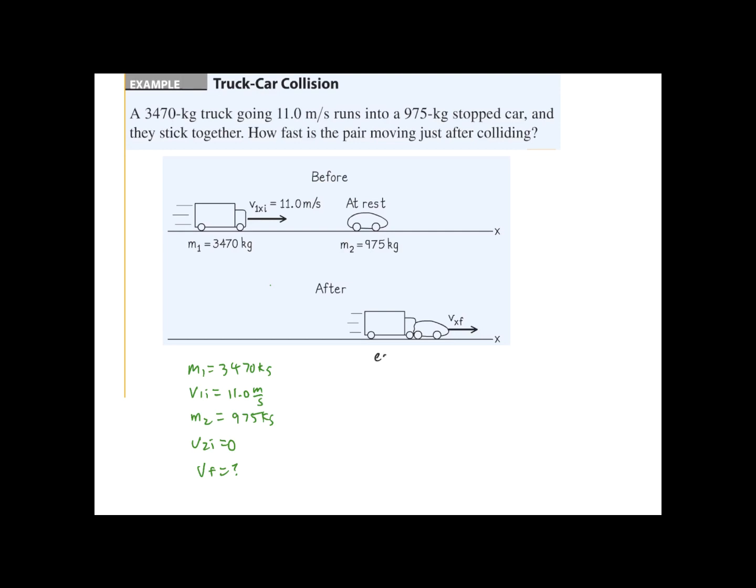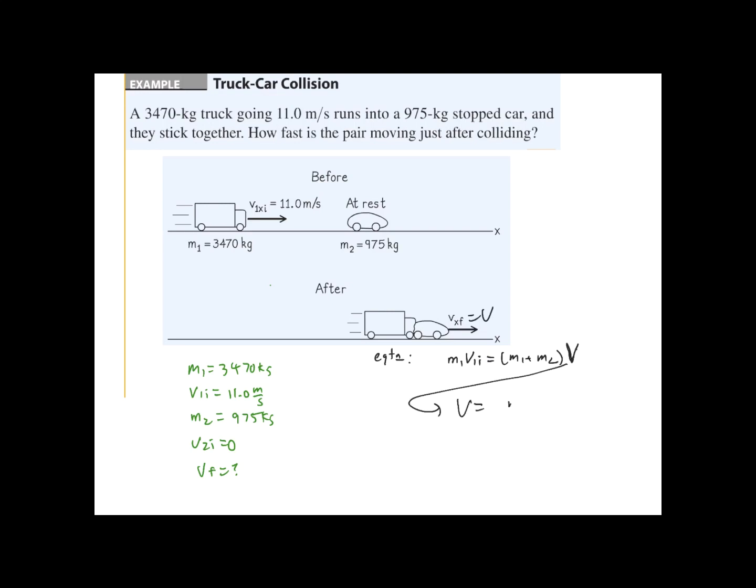And the equation we're going to use is this very specific equation that's only for perfectly inelastic collisions. So it's m1 v1 initial equals m1 plus m2 times this capital V final. So let's solve it for v.